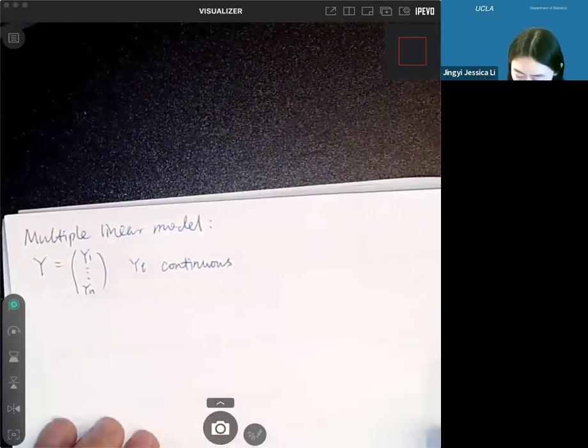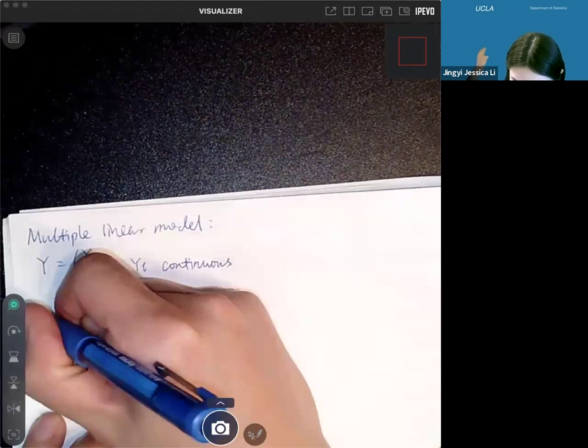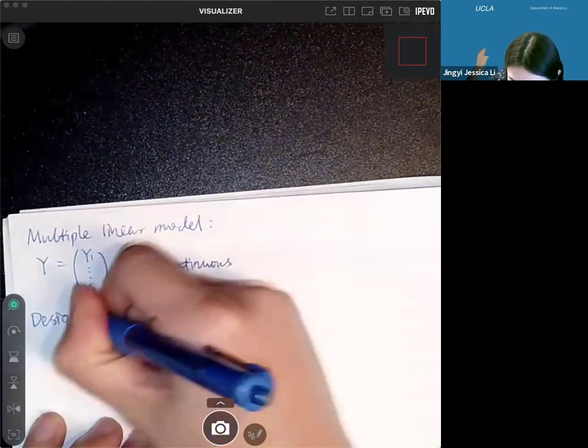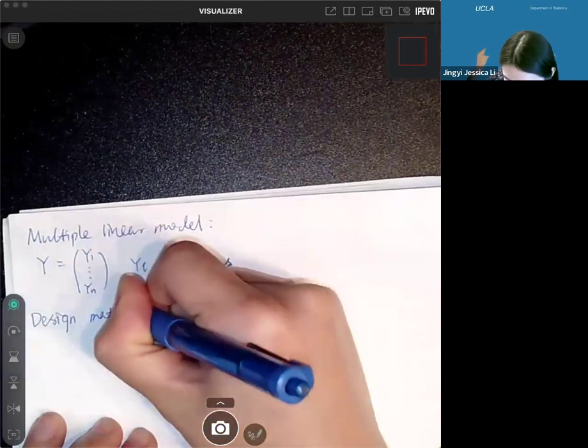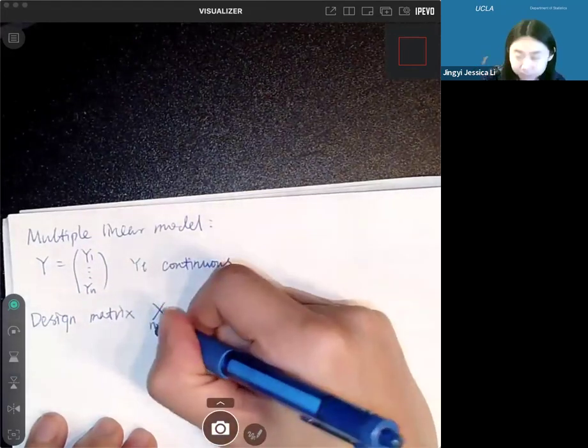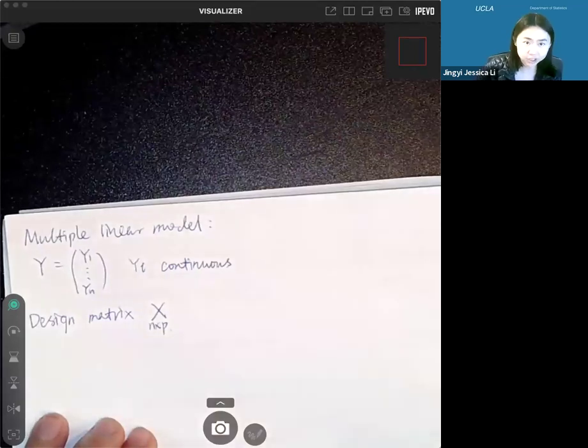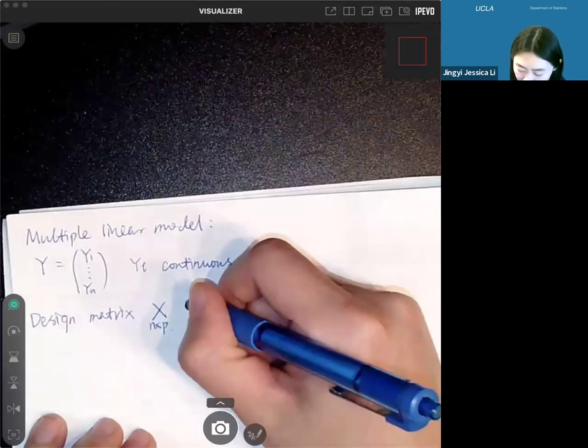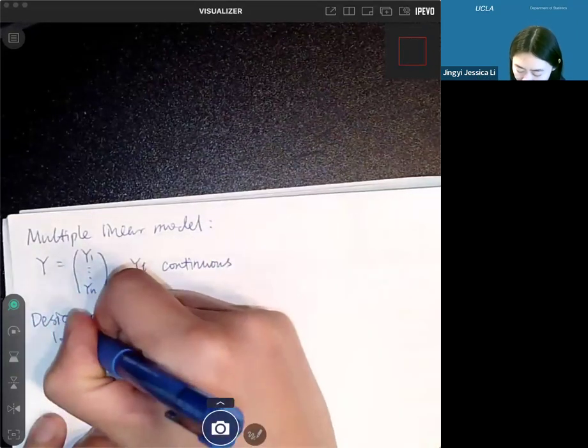We haven't talked about other types of y_i yet. And we have a design matrix X. Now let's just call it M by P. Last time we used P plus 1 because we consider P predictors and one intercept, but let's make it M by P for simplicity. So this design matrix is assumed to be fixed in this class.